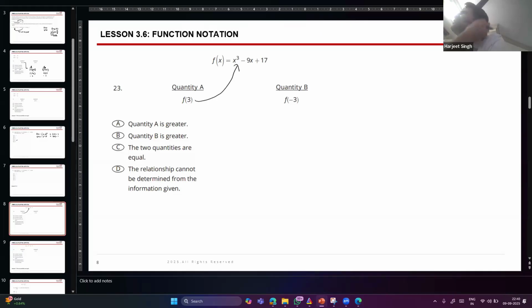So is your answer A or B or C? It can't be D because the numbers are given, right? Variable value is given, so it can't be D.